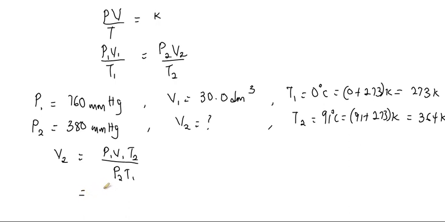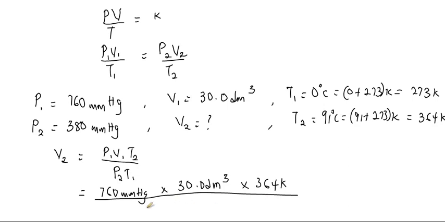Now we have P1, 760 mmHg, times V1, which is 30.0 dm³, multiplied by T2, 364 Kelvin, divided by P2, 380 mmHg, multiplied by T1, which is 273 Kelvin.